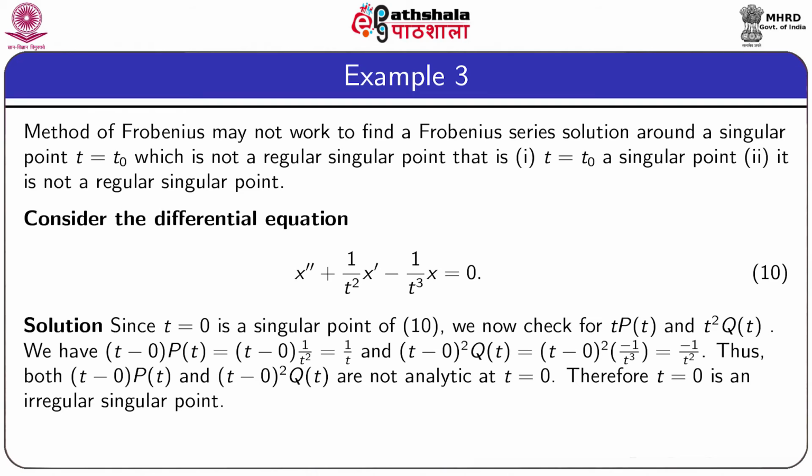We may observe that x1 is equal to t is a solution of the given differential equation 10, and this can be easily obtained if you substitute x1 equal to t in the given differential equation 10, and you will see that it satisfies both the left hand side and the right hand side.